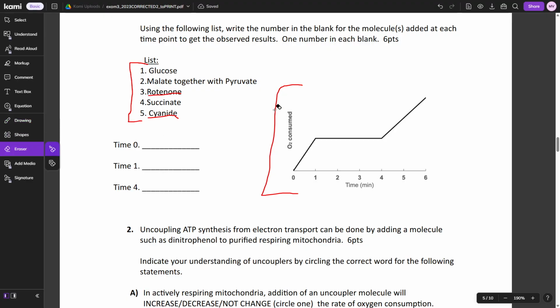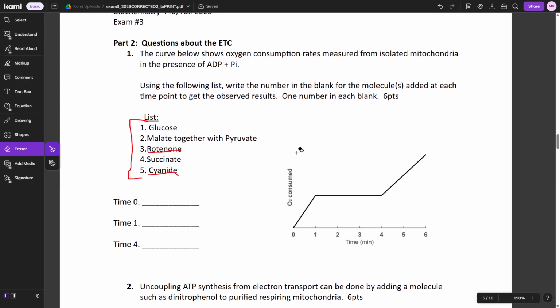So if we look at the graph, we can see that going from 0 to 1, we have a large amount of O2 consumption, right? So if we are consuming O2, what is happening to the electron transport chain? It means that we are going through the electron transport chain, right, and we're using up our O2.